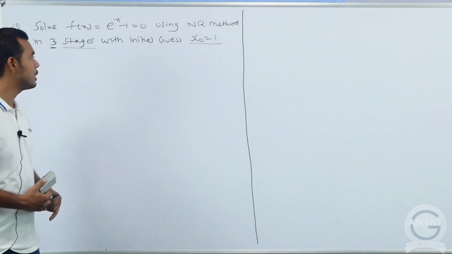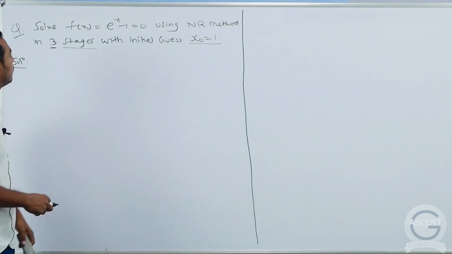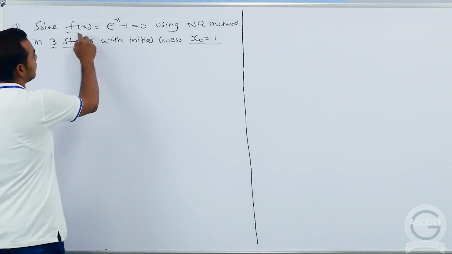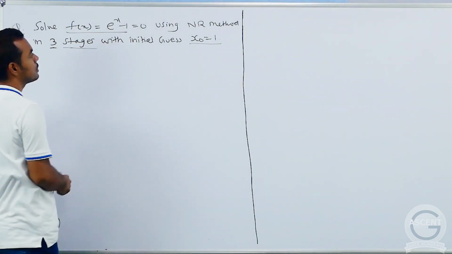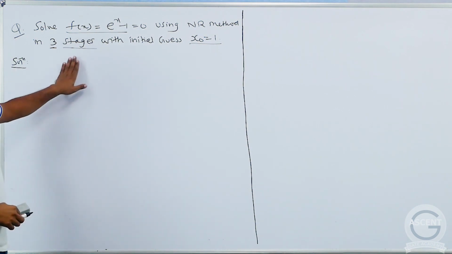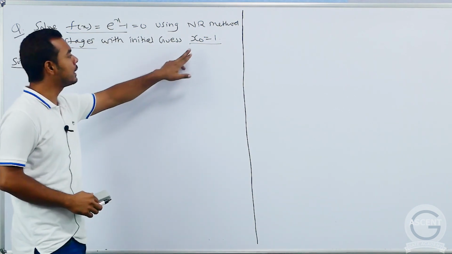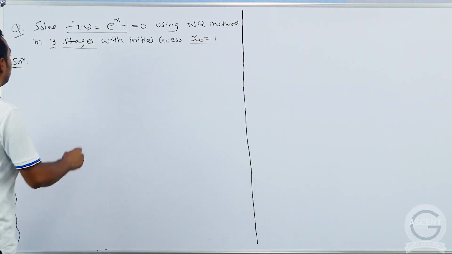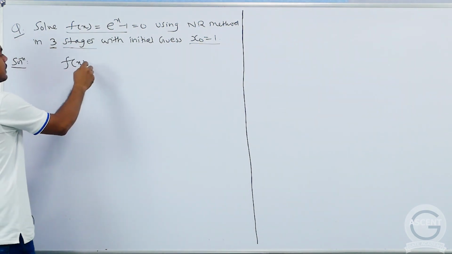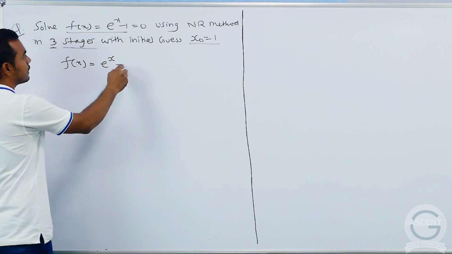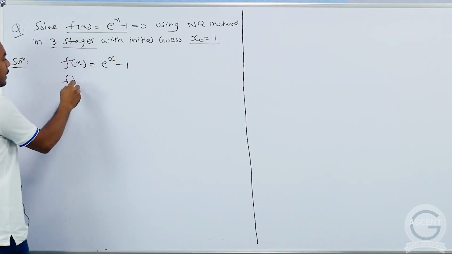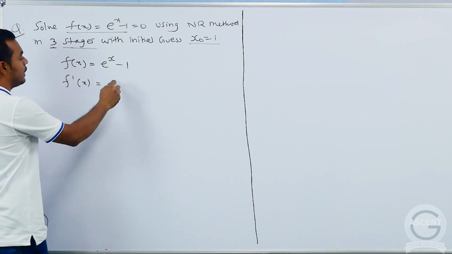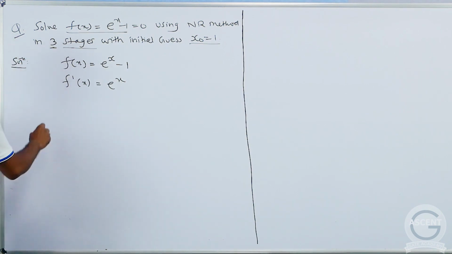Okay, so this is our first problem on the Newton-Raphson method. We have to solve this equation f(x) equals e to the power x minus 1 equals 0 using the Newton-Raphson method in 3 stages with initial guess x0 equals 1. So here the function given to us is f(x) equals e^x minus 1, and f'(x) will be e^x.